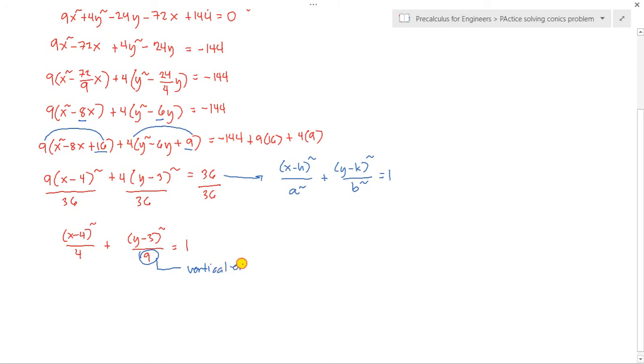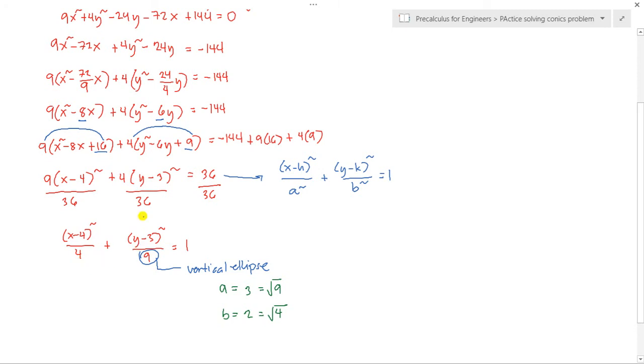So our a, half of the major axis, is equal to 3, because that is the square root of 9, and half of the minor axis is equal to 2, which is the square root of 4.